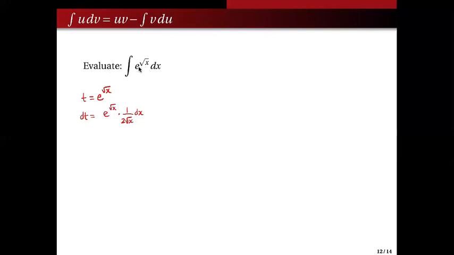Note that I only have here e to the square root of x dx. I have the e to the square root of x here, I have the dx here, but I also have this 1 over 2 square root of x. So what we're going to do is to rewrite this square root of x in terms of the variable t. So notice that in here, t equals e raised to square root of x.